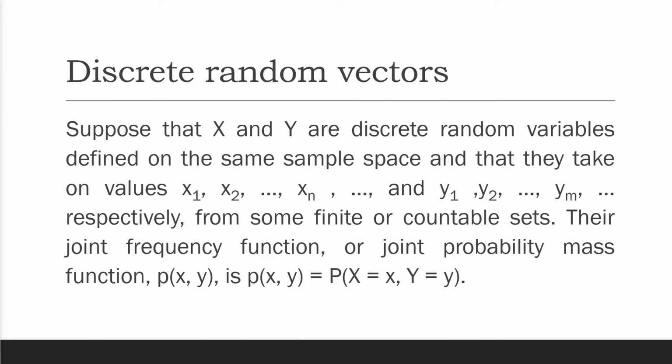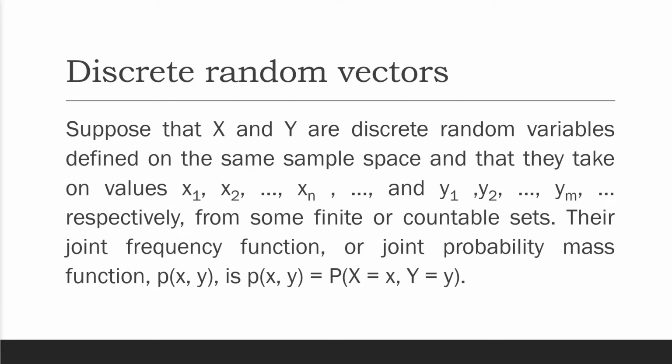Their joint frequency function or joint probability mass function is the probability of x equal to set x and y equal to set y, which can also be considered as the distribution of the random vector XY.